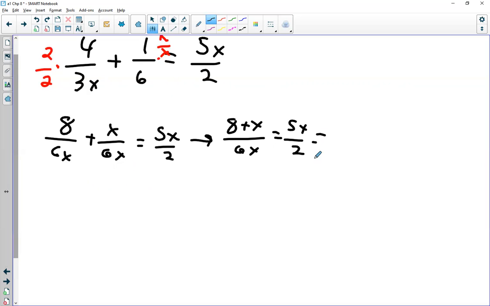I don't know if this is solvable because I just made up the numbers. So cross multiply. That's 30x squared equals 16 plus 2x.